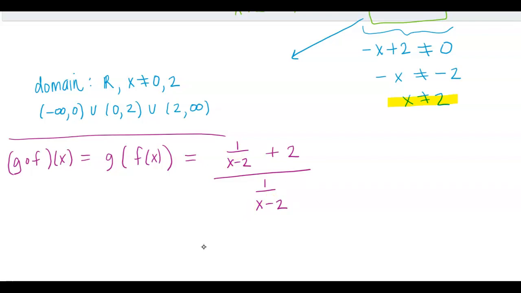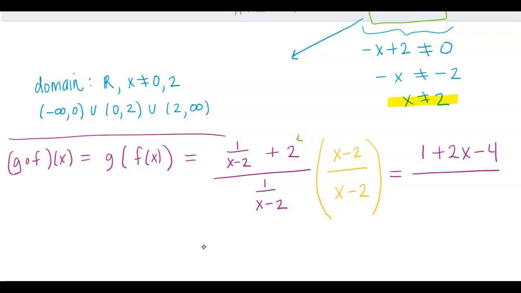So what I'll do is I'll multiply by the denominator in both the numerator and denominator of the larger fraction, which is x minus 2 over x minus 2. When I multiply by this first term, the x minus 2's will cancel, and I'll just end up with a 1. And then I will multiply by the 2, and that will be plus 2x minus 4.